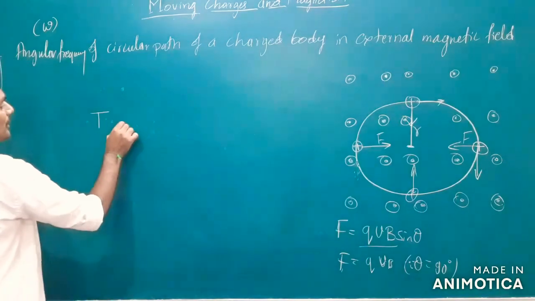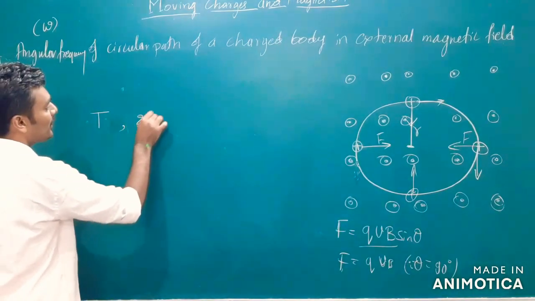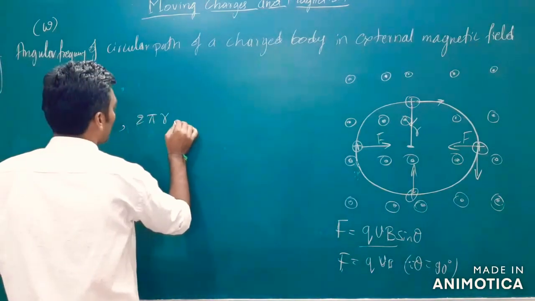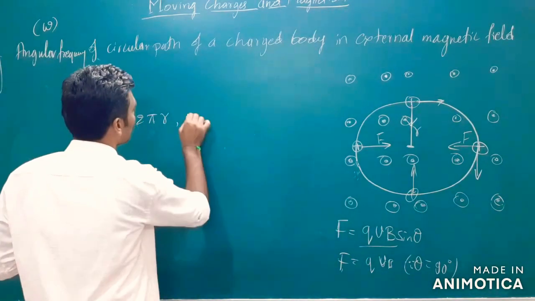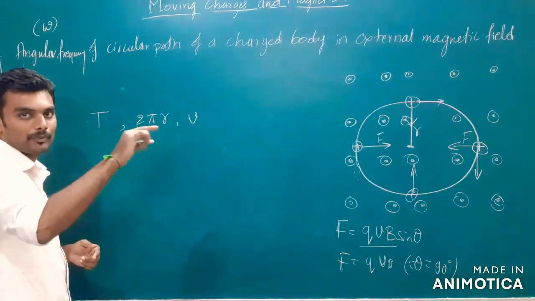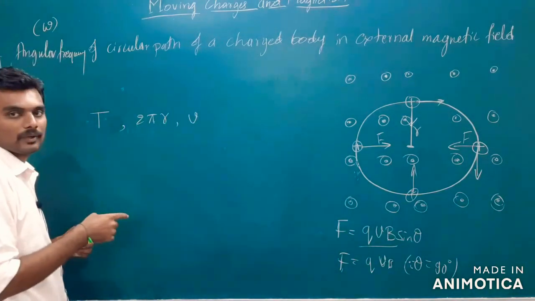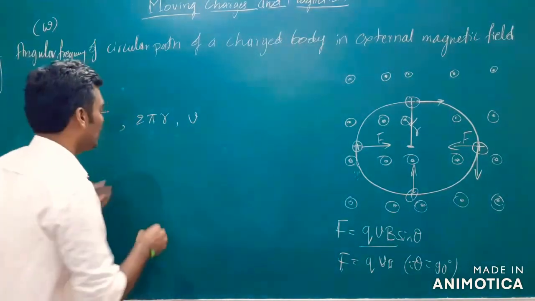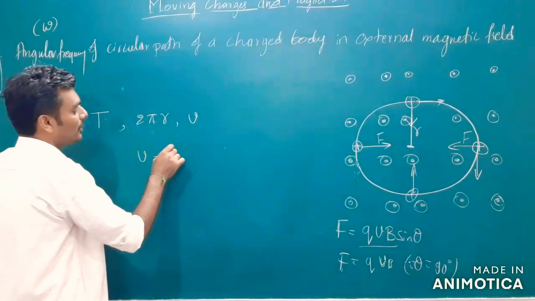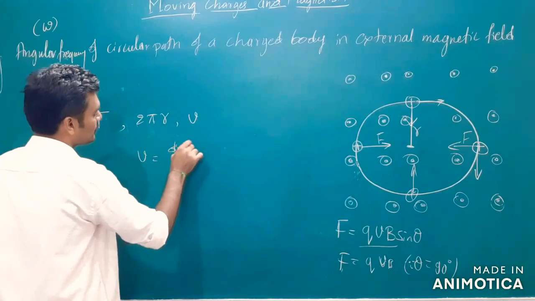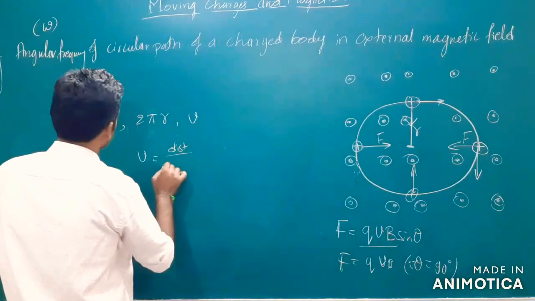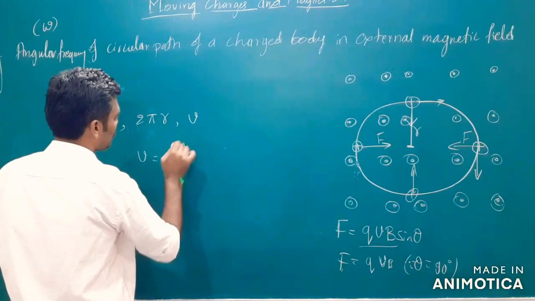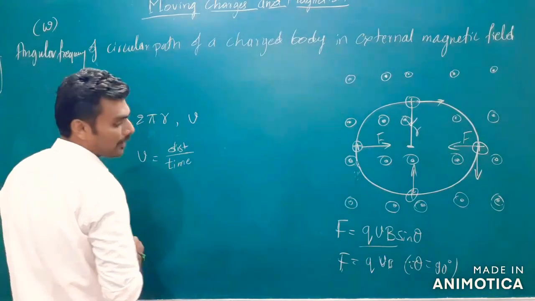So T is the time taken, 2 pi r is the total distance covered, and v is the speed with which the body is moving. We all know the expression for speed is distance by time, right?